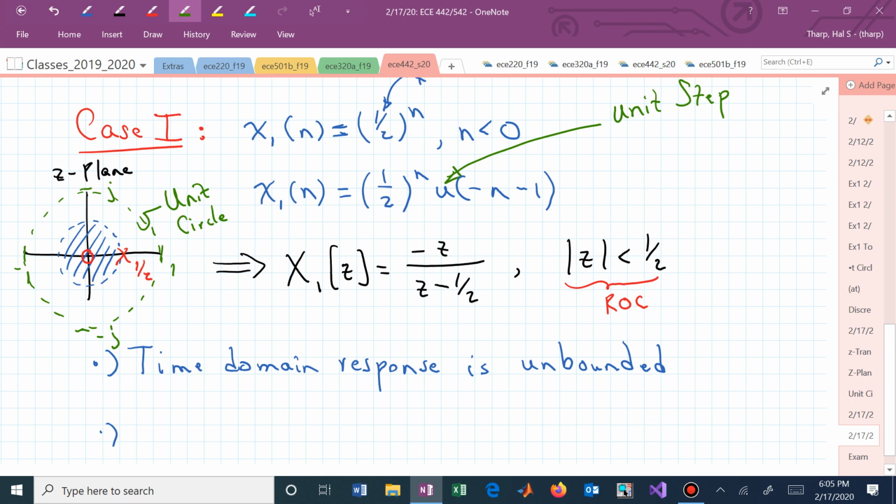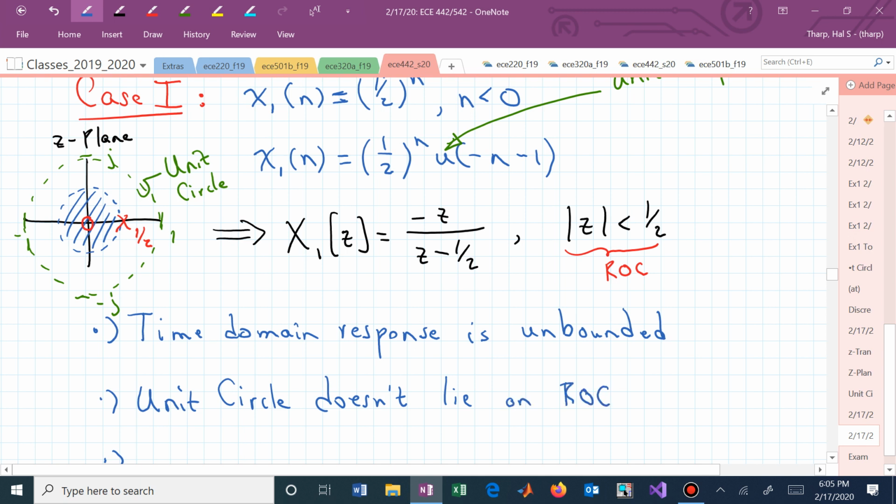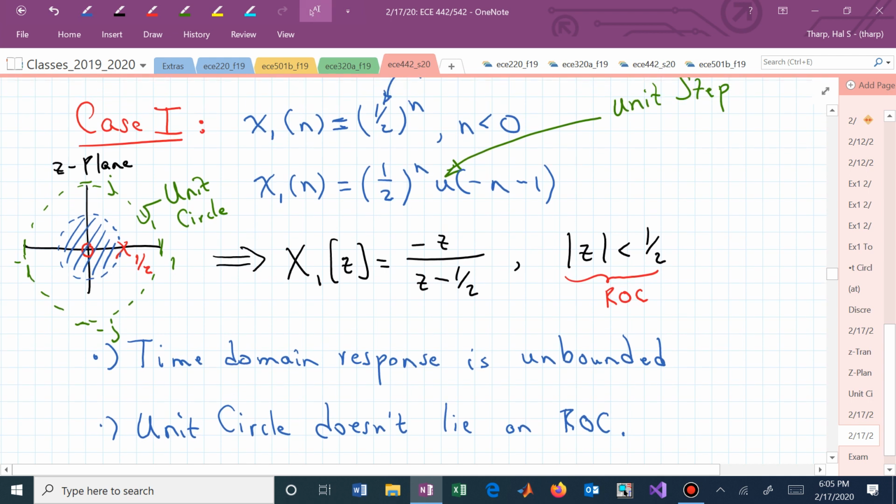We could say this many different ways. The way I'm going to word it now is I'm going to say the unit circle doesn't lie on the region of convergence. Is that clear? The green dashed circle is not on top of the blue ROC.